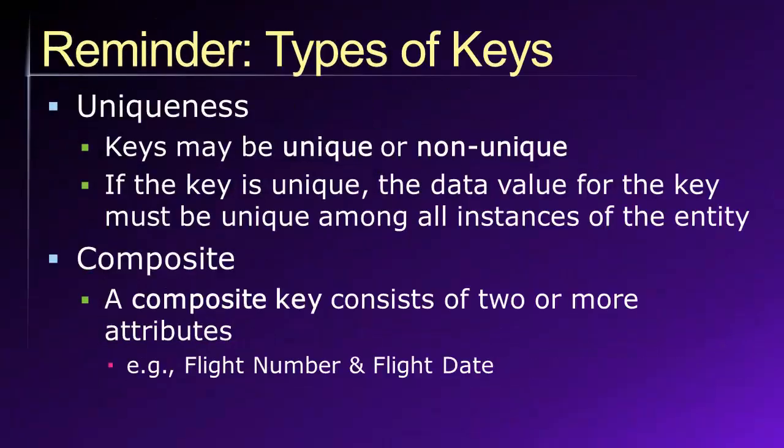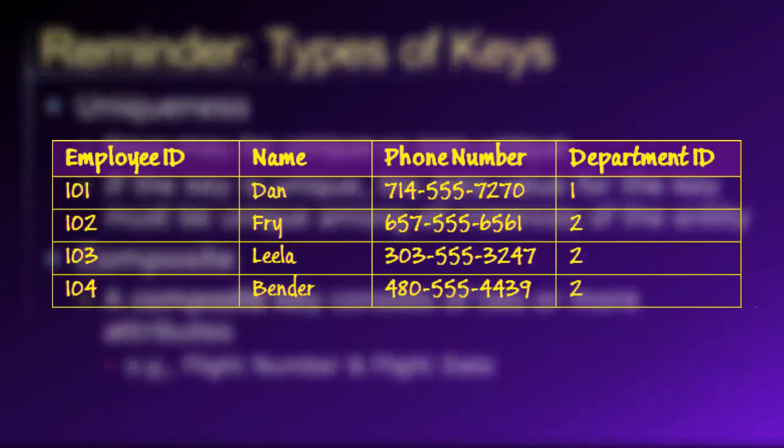One of the important things to remember about keys is that they can either be unique or non-unique. If a key is unique, that means that each instance of the entity, or if you prefer to think about it as each row in the table, will have a unique value for that attribute.